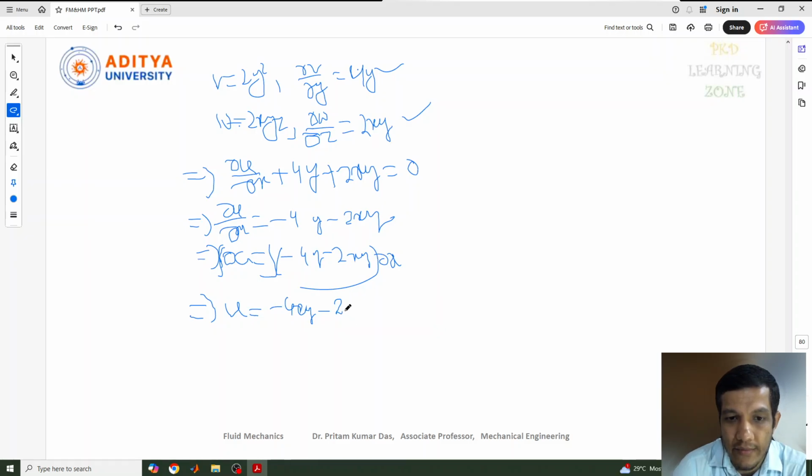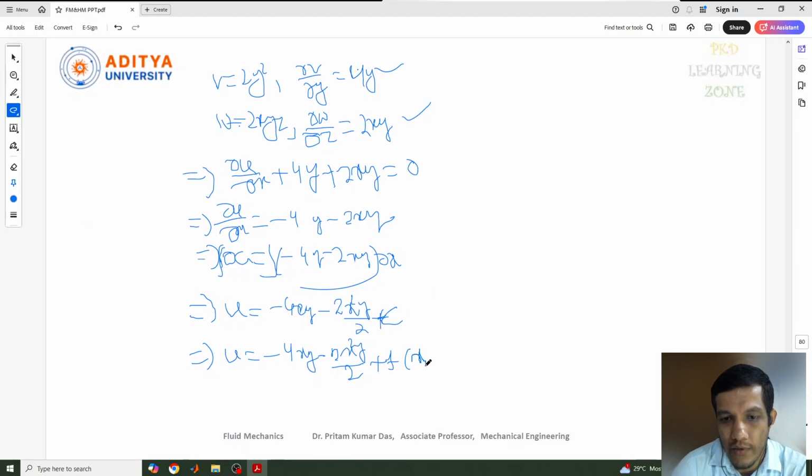Integration of x dx is nothing but x square by 2, so x square y. Again we'll get a constant of integration, a function of constant. So u equal to minus 4xy minus 2x square y by 2, plus a function of xy.